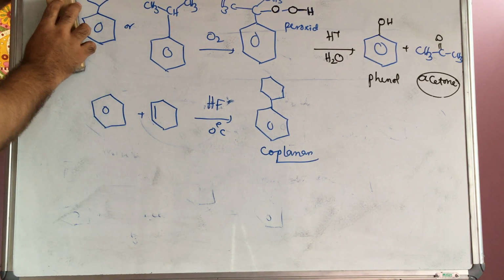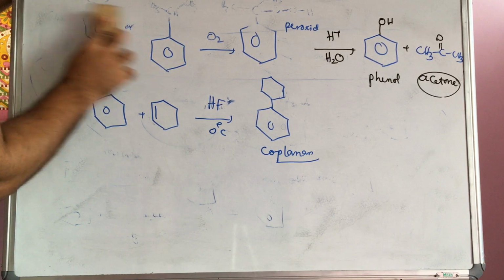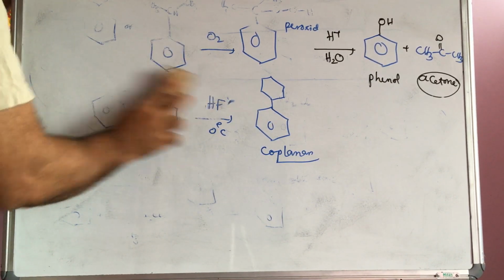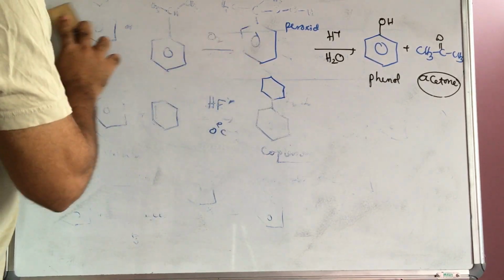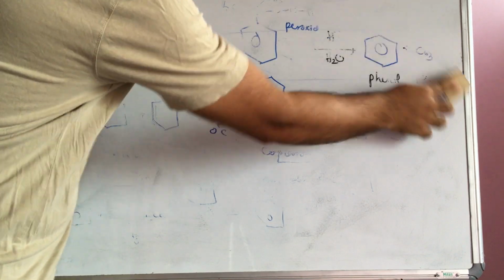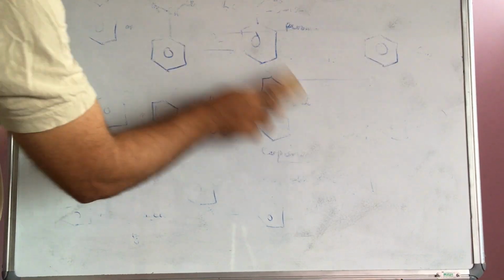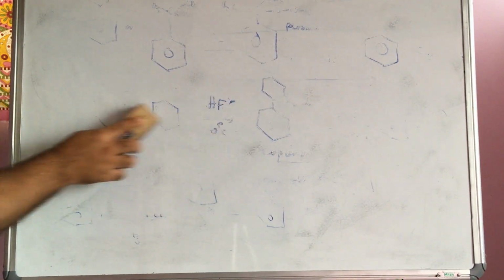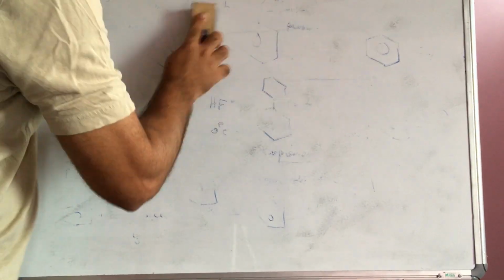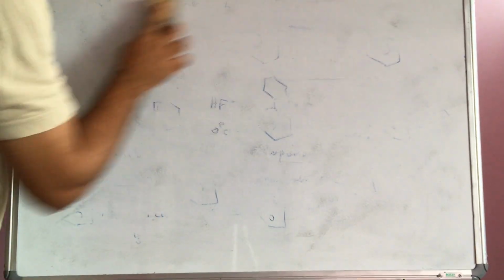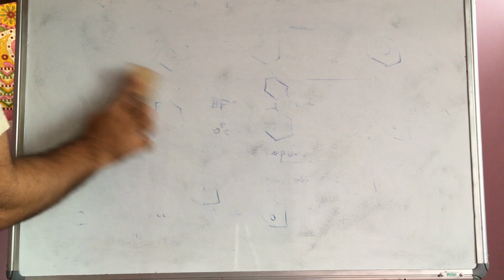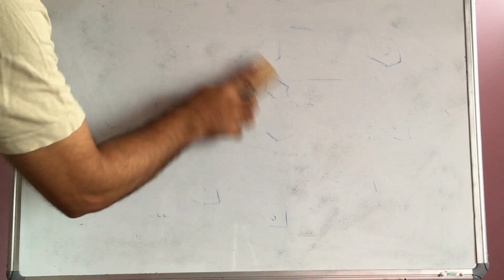Now we will discuss the physical properties of alcohols and phenol. So now I have completed alcohol preparations and phenol preparations. Now properties. In that, first the physical properties we will discuss, later we will discuss the chemical properties.